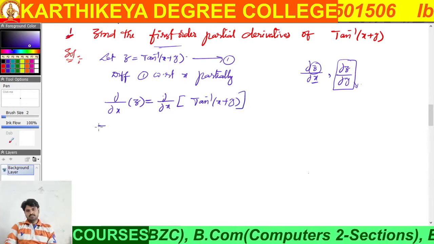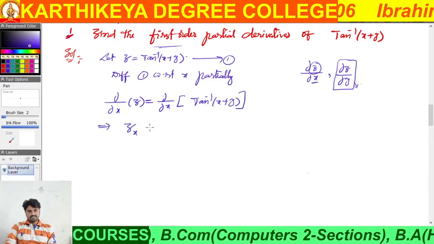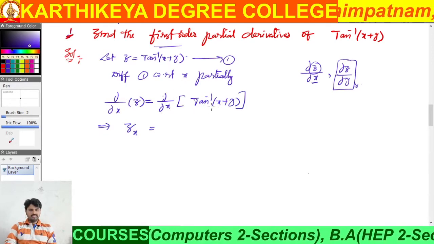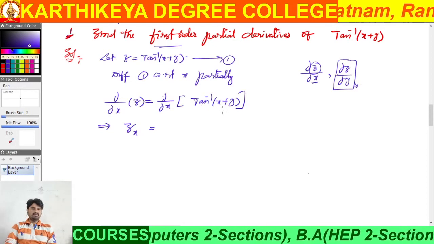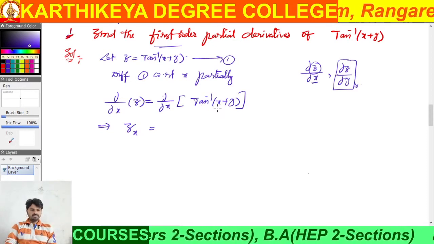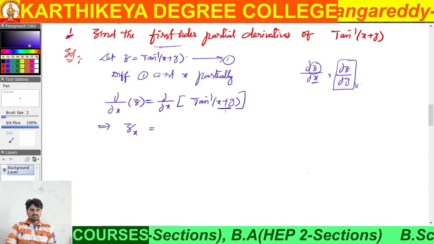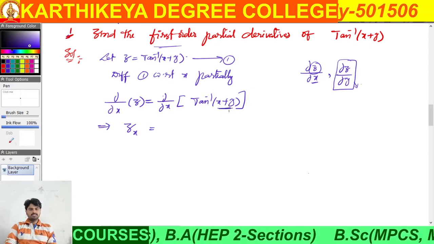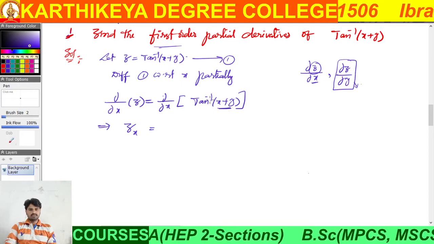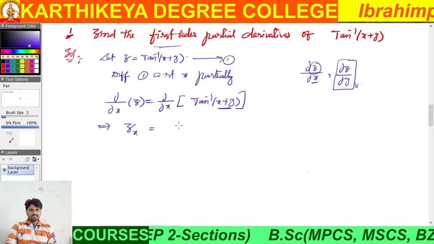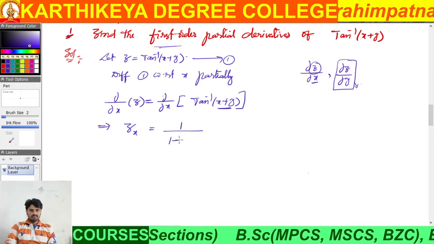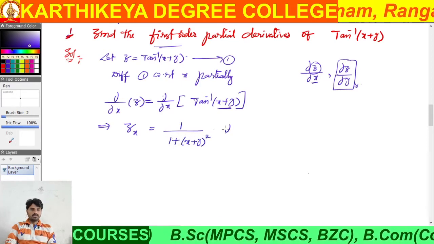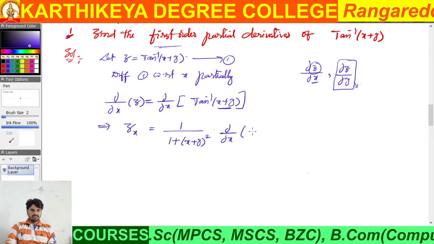Now this can be simply written as z at x is equal to the derivative of tan inverse, but you have to observe whether this function has the x variable or not. If there is no x variable, you can treat it as a constant. Now the tan inverse formula gives 1 by 1 plus x square, that means x plus y whole square. Again we differentiate with respect to x.